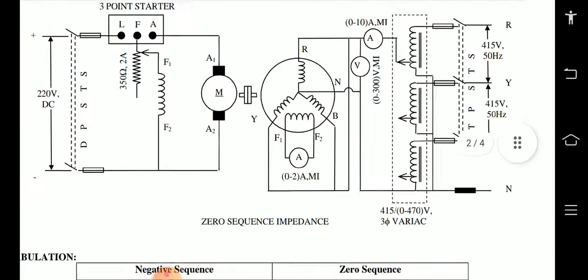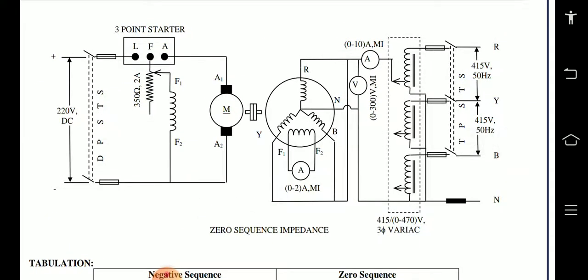Next let me enter into the zero sequence impedance circuit diagram. Here also we are having the motor and alternator part. First we are having the DC supply for your motor, and the starter, the same thing, in order to start your motor at the initial state, and a rheostat is also there to adjust the speed of your alternator for your motor.